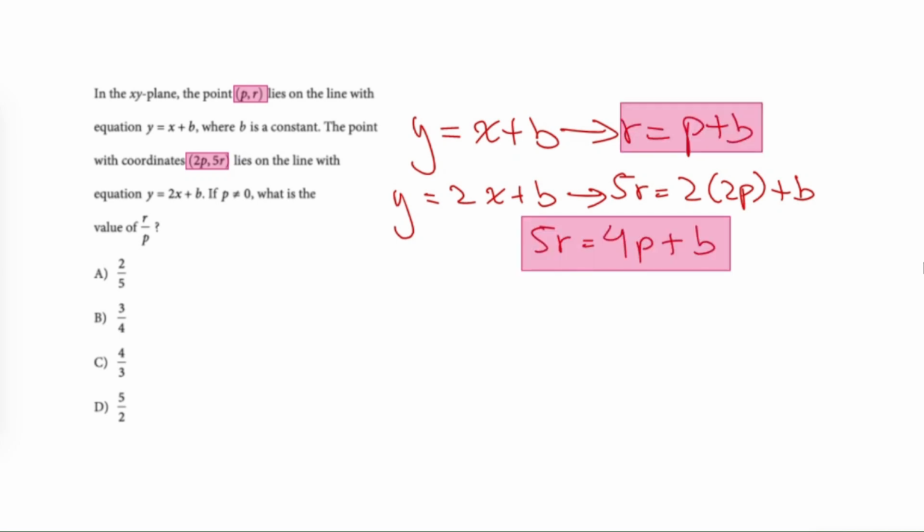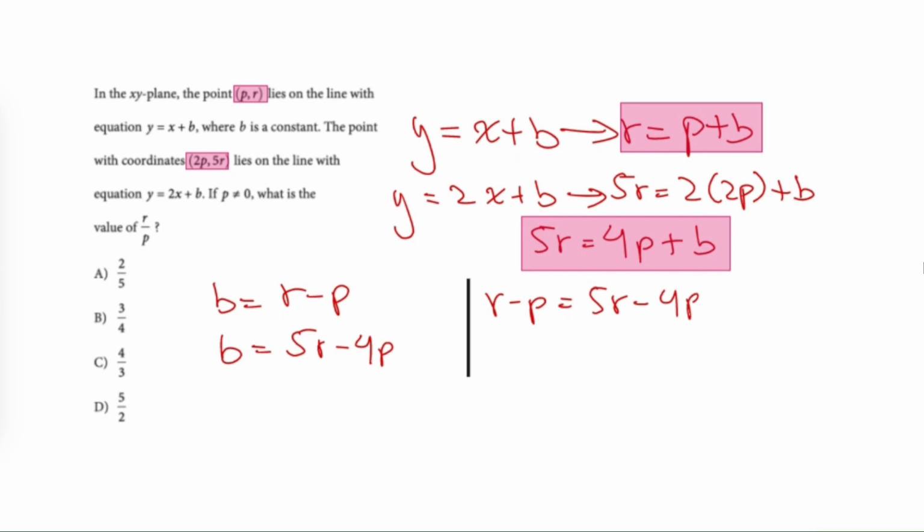Now set both the equations equal to b. So the first equation would become b equals r minus p. And the second equation would become b equals 5r minus 4p. Since b equals b, this would become r minus p equals 5r minus 4p.